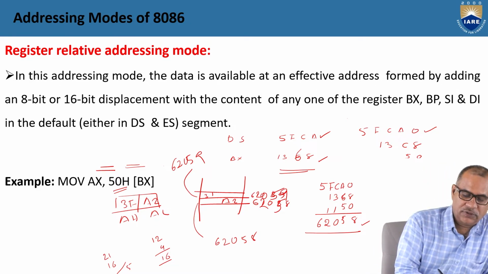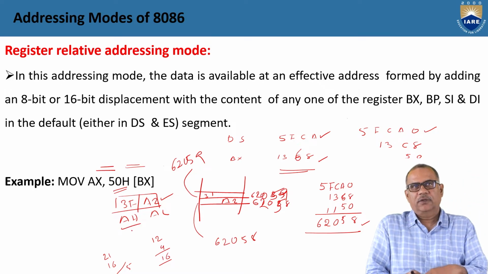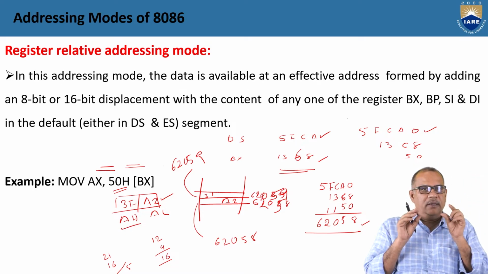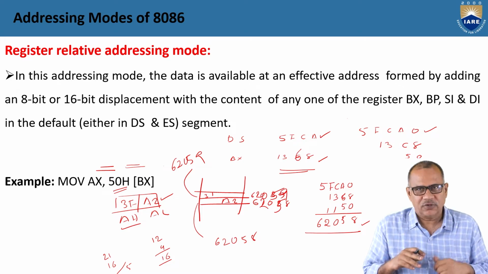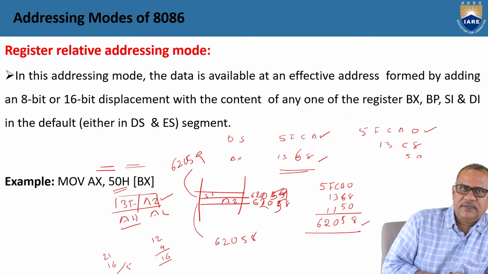A2 comes to AL register, and 3F comes to AH register. Here the relative displacement also is mentioned as a in the instruction. So there is a register relative addressing mode.